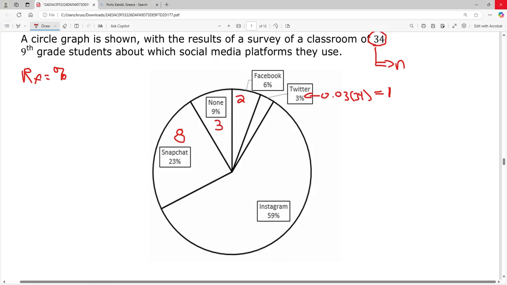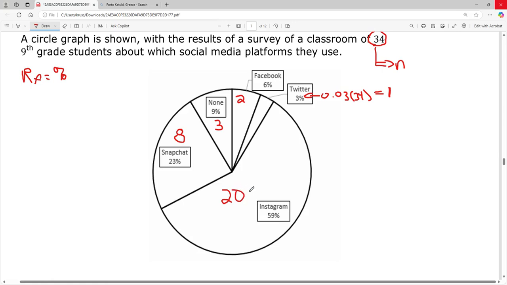Facebook is 2. Yep, I rounded it down. That's good. And then Instagram is 59%, so it's going to be 0.59 times 34, which is 20.